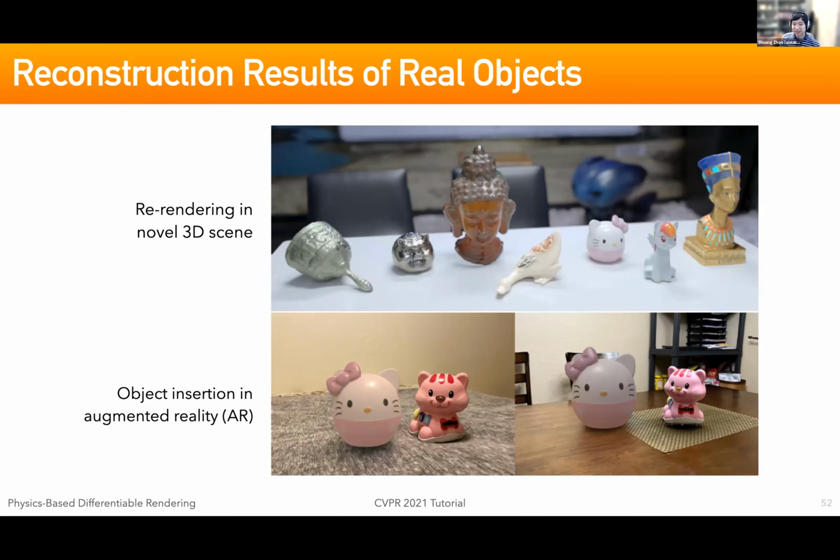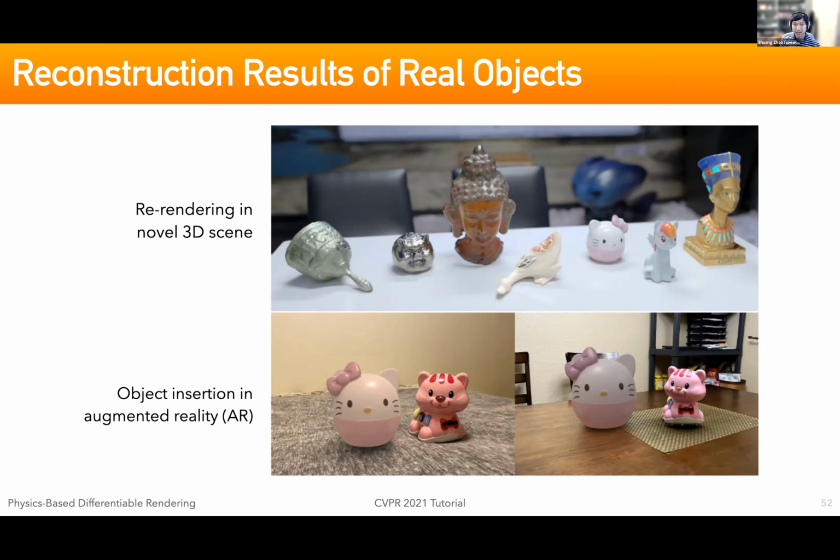The kitty model as shown here is the one that we reconstructed from a real example. We can easily insert this model into a real scene. Here we used the Apple ARKit to do it.